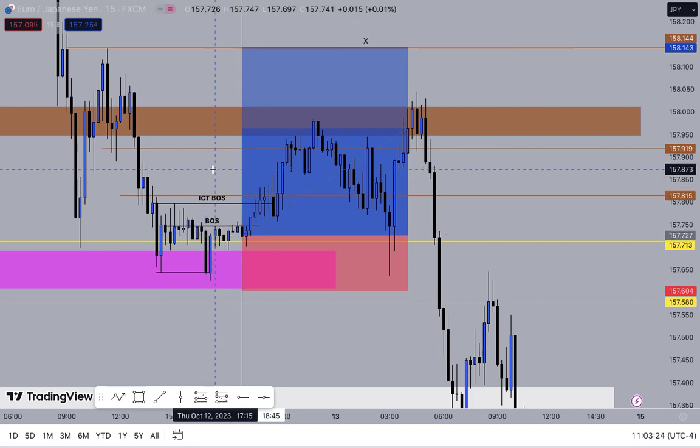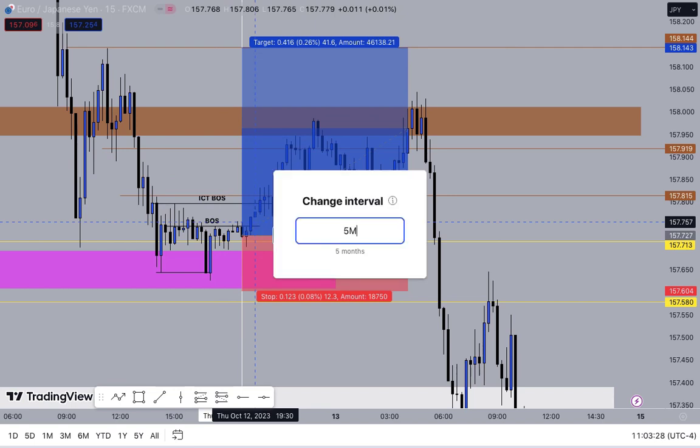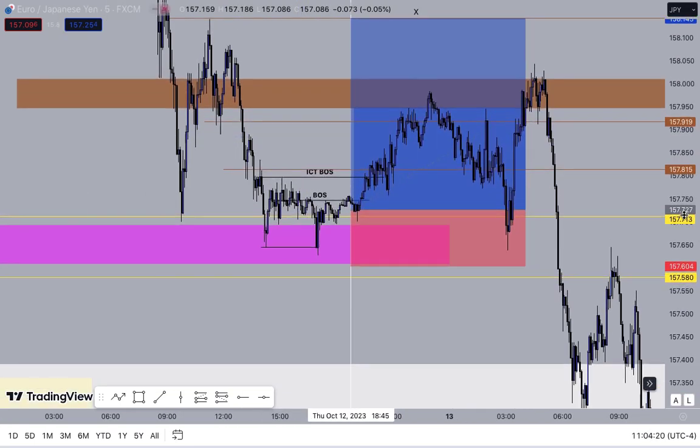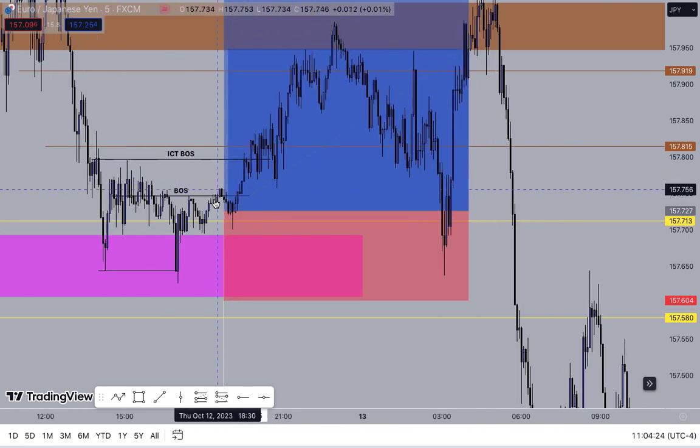Then at the close of that candle, I went down to the 5 minutes. So what I was looking for now was a fair value gap to enter from.